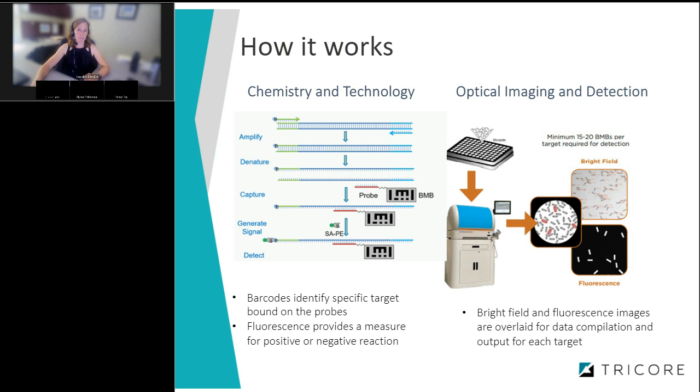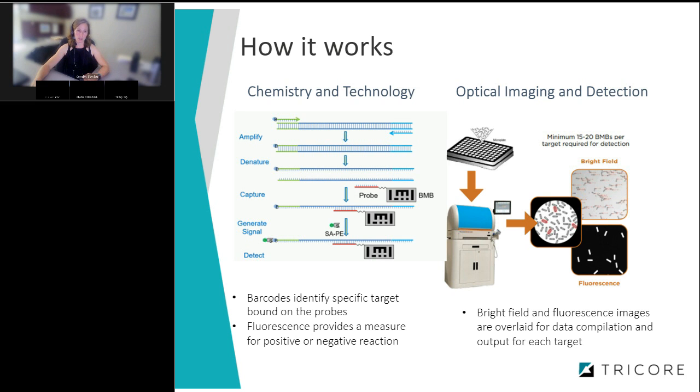The barcoded magnetic beads get mixed with the PCR amplicons, and they attach to the biotin-labeled amplicons. Unbound primers are washed away, and then the streptavidin-phycoerythrin gets added into the plate. That brings the phycoerythrin into proximity with barcoded magnetic beads.